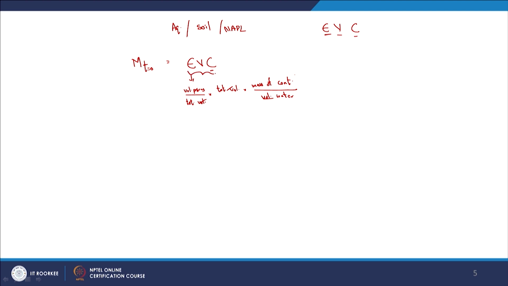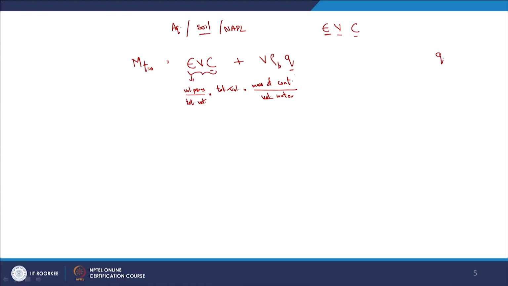So that is what we have here, epsilon V C, plus what else? We are looking at soil. Similarly, I believe we looked at this, the bulk density of the soil times the concentration of the contaminant adsorbed onto the soil, right. So that is Q. Q is the concentration of the contaminant adsorbed onto soil, as in mass of contaminant adsorbed per mass of soil.